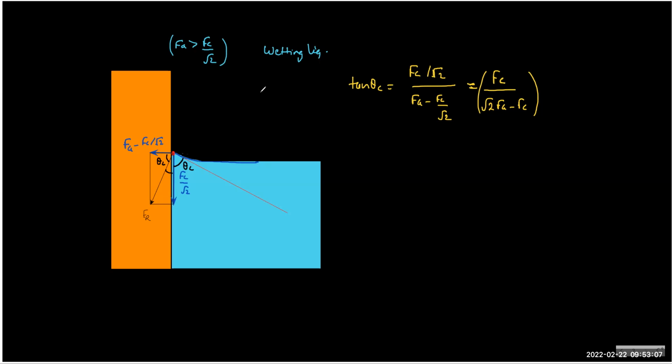This is clear. So theta is called the angle of contact, and we are only talking about the contact angle of two surfaces: the liquid and the solid. Sometimes we may have to take the air surface. So this is also an angle of contact, but this is for the air.